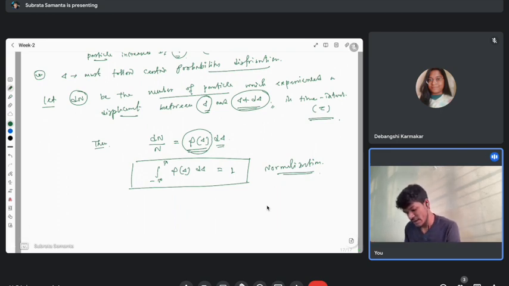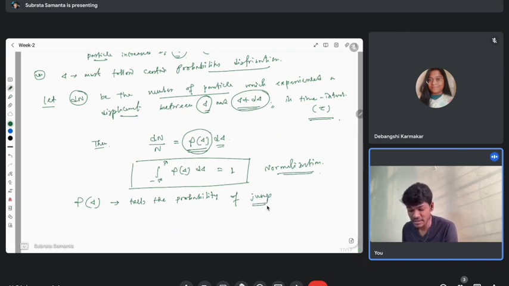So phi delta, if written explicitly, tells the probability of a jump of magnitude delta of the particle. That means the increase in distance.